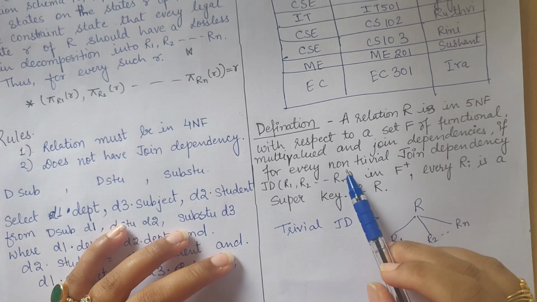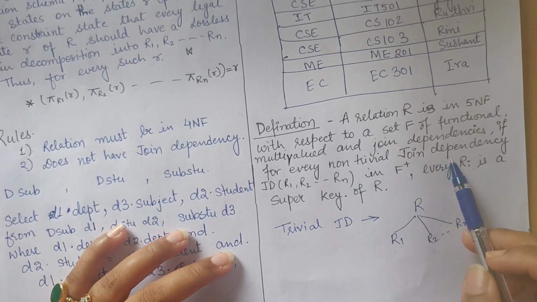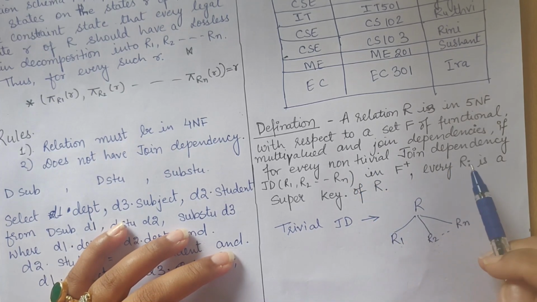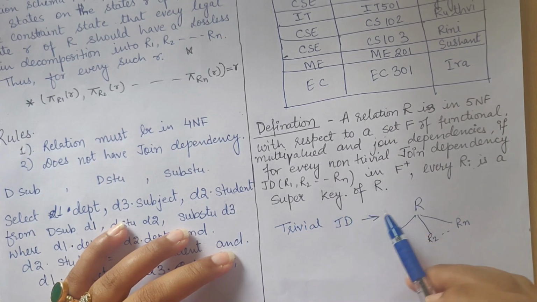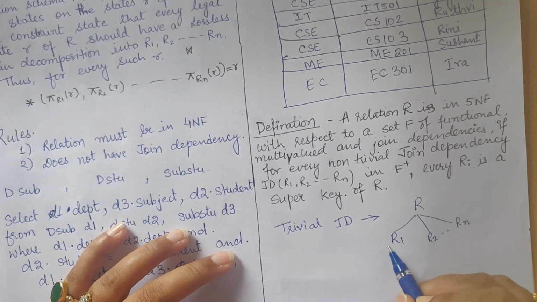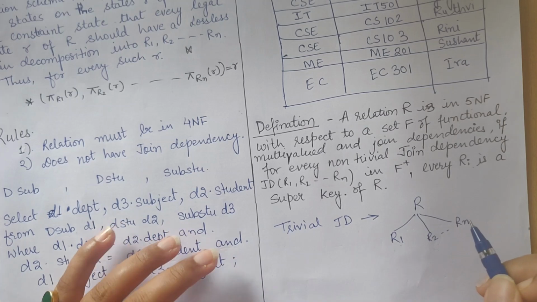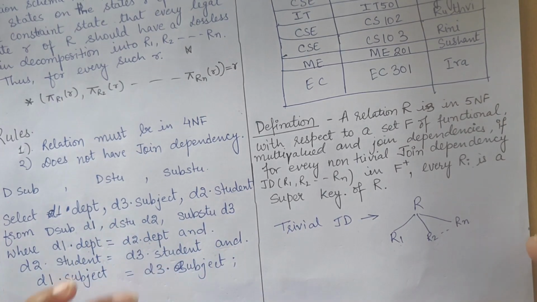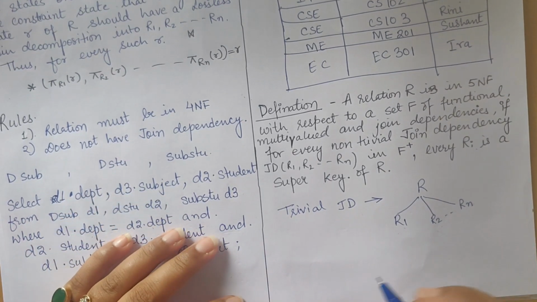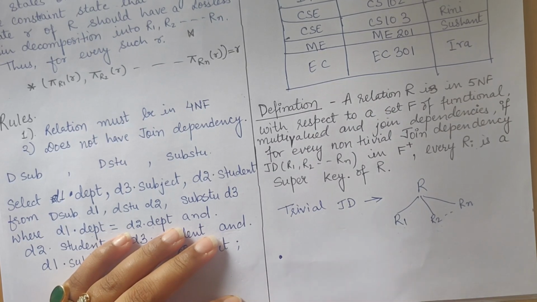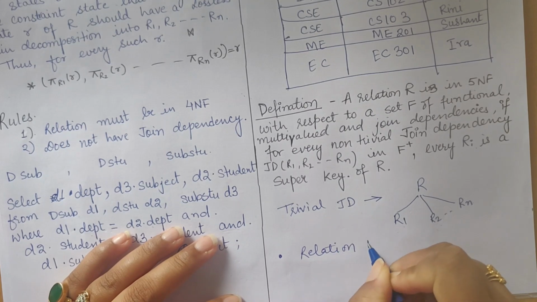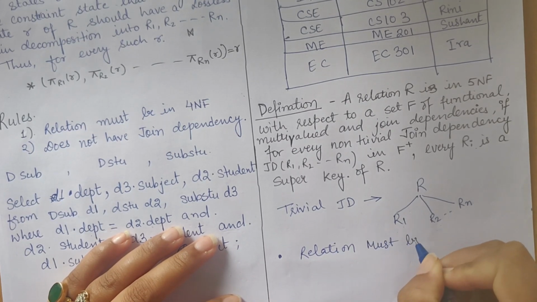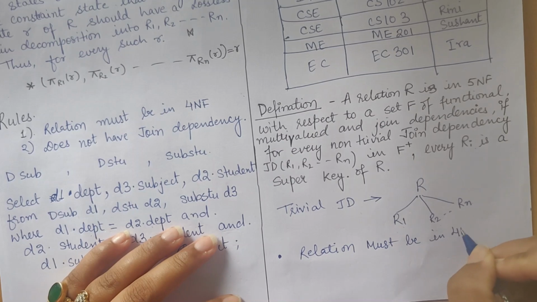So the problem will come when it is a non-trivial join dependency. When it is a non-trivial join dependency, every Ri is a superkey of R, meaning every Ri, all these tables, there should be a superkey. Then only the table will be in 5NF. So if we conclude the points for 5NF, first thing, the relation must be in 4NF.